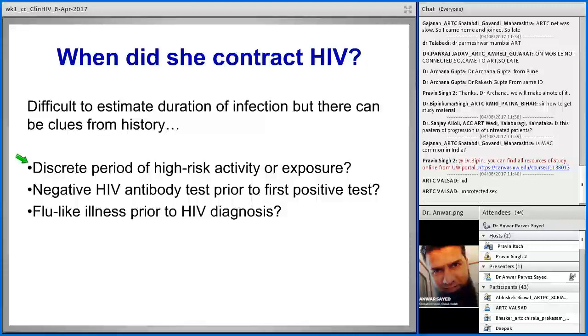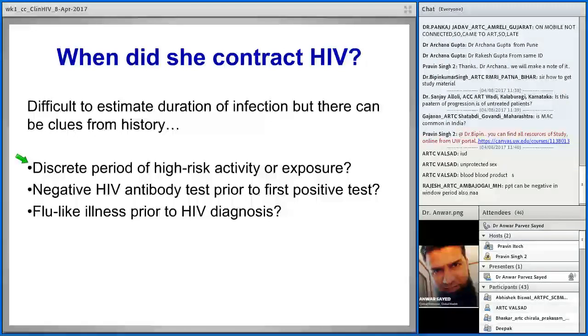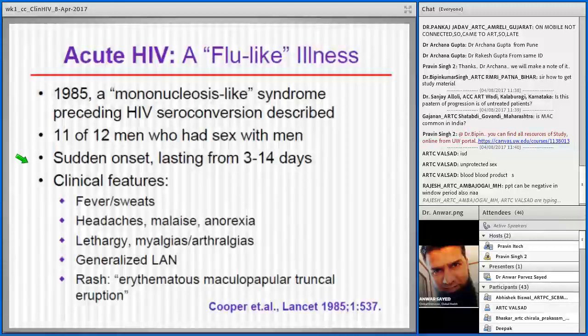So when a new patient comes to you, you can ask whether they experienced anything of this sort in the last 6 months or 1 year or 2 years. If they say there was some episode like this, most of the time in fact, this will go unnoticed. People will not go to the doctor at this time when they get initial flu-like symptoms.